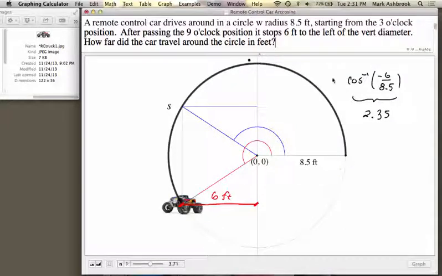No, it's the angle between 0 and pi, so it's the blue one that I've shown here in the picture. So that is our 2.35 to the point in the second quadrant that's also 6 feet to the left, right? So the calculator just thinks, oh, you mean 6 over 8.5 feet to the left in the second quadrant. So I'll give you that angle, 2.35.